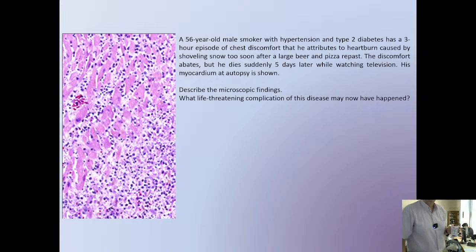Here, as time passes and we are about the 3rd to 5th day after the infarct, there are other cells which gradually predominate in the inflammatory infiltrate. Do you remember from our inflammation lessons which cells come next after the neutrophils?